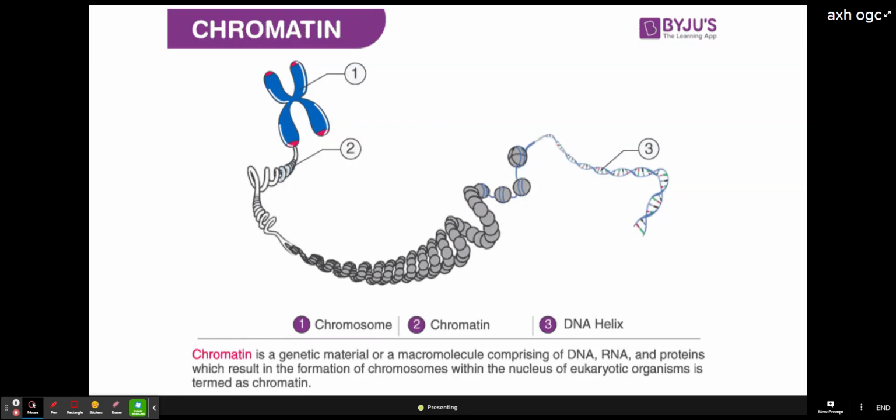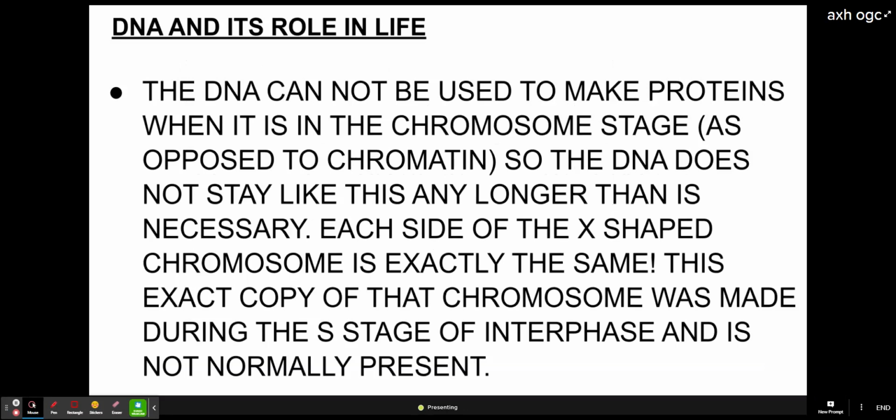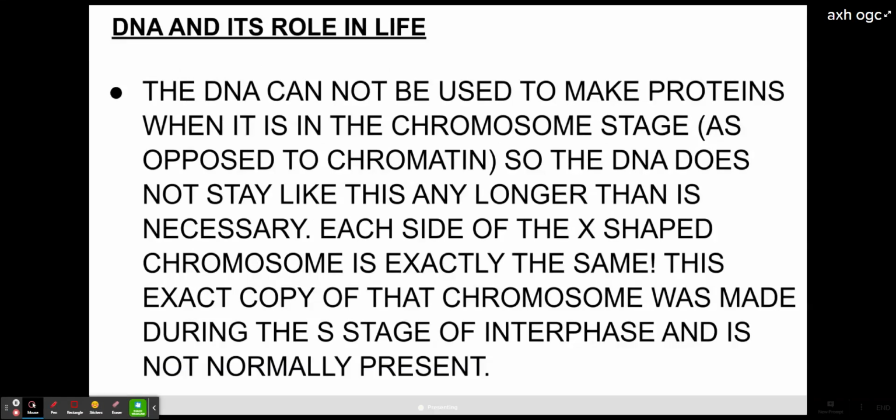Normally it's in the chromatin stage, and the DNA helix is what is around the histones. So one of the things, the cell doesn't want to stay in its chromosome form because all of those genes, those recipes for proteins, can't be read. So no new proteins can be produced, or we'll get into more detail. That's not quite 100% true.